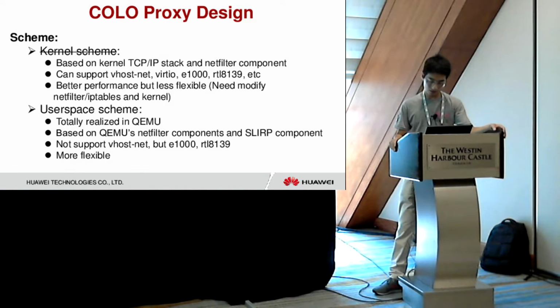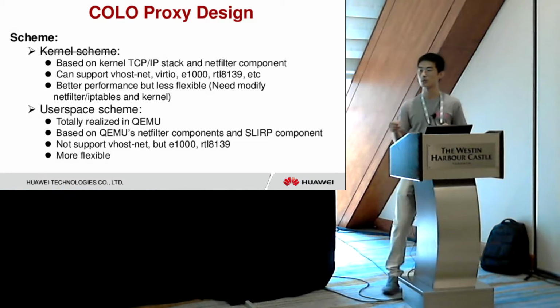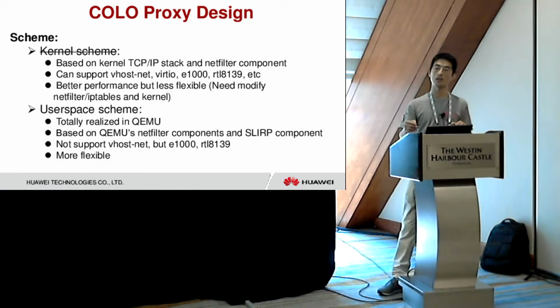In this process, we need to unpack the network packets, and also need to manage the connections. So a good idea is to reuse the TCP/IP stack and netfilter components in the kernel, because they can help us to analyze the packets.